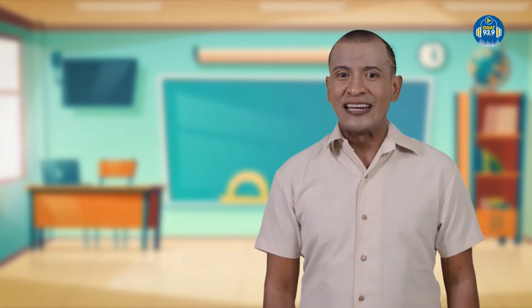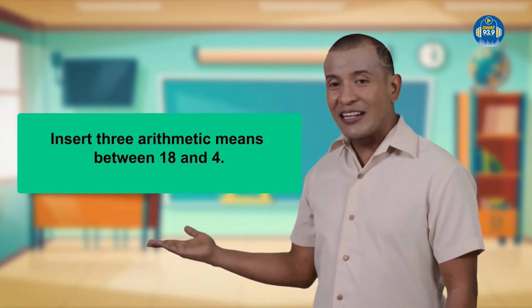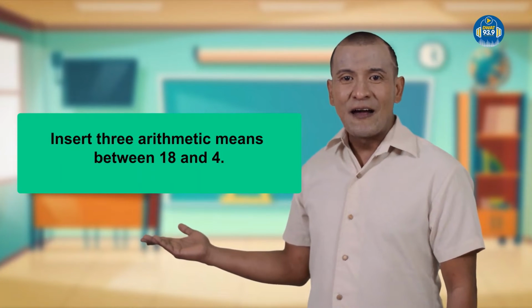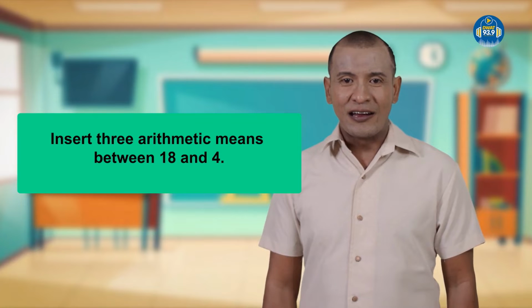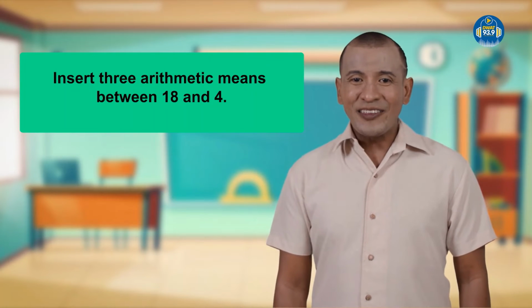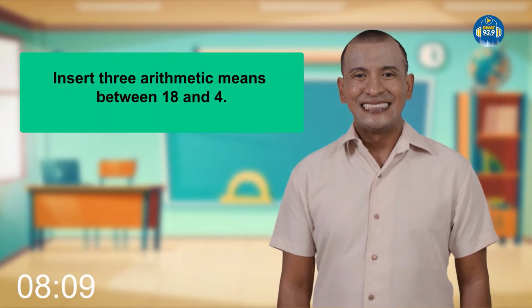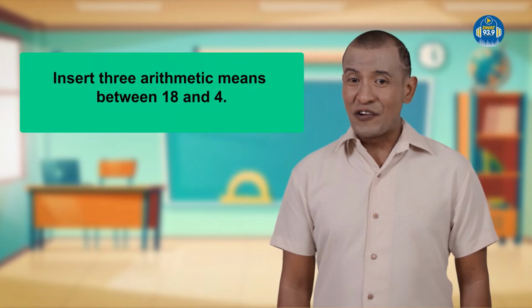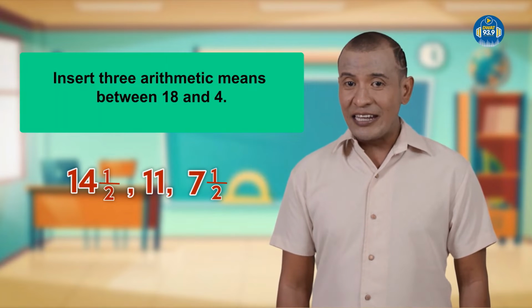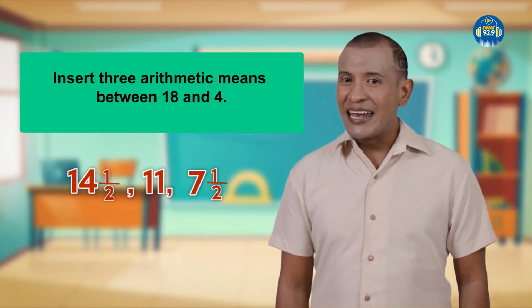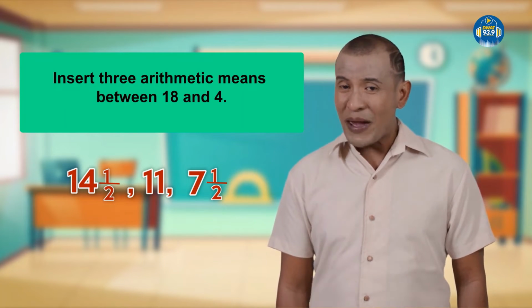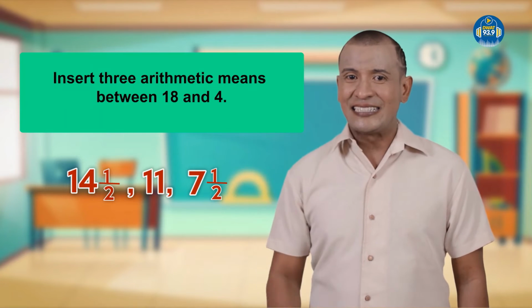Let's have another one. Insert 3 arithmetic means between 18 and 4. So what are the 3 arithmetic means? If your answer are 14 and a half, 11, and 7 and a half, respectively, then you are right.